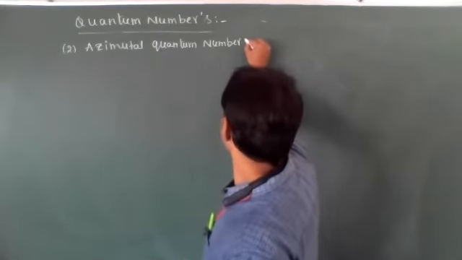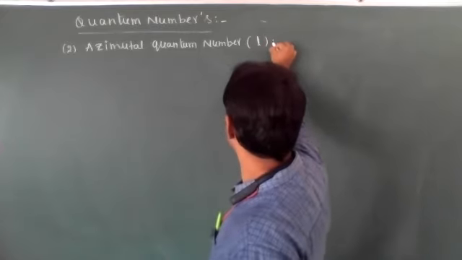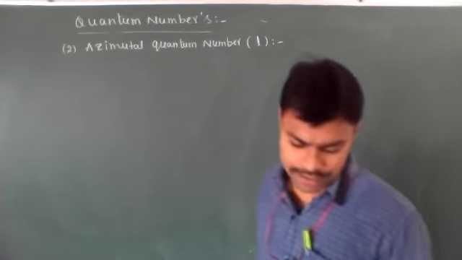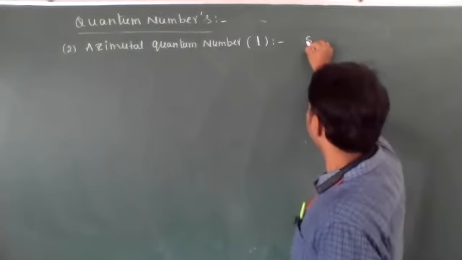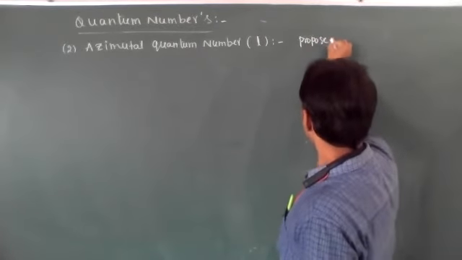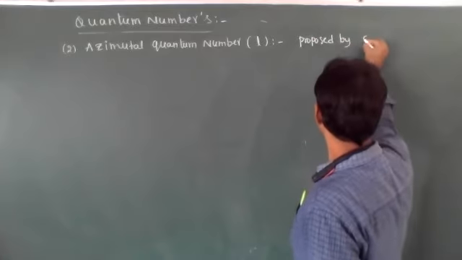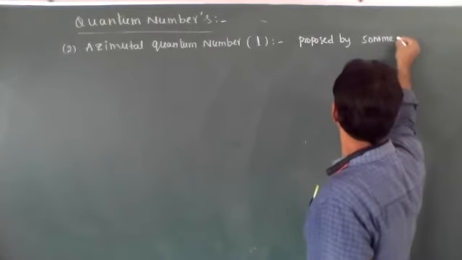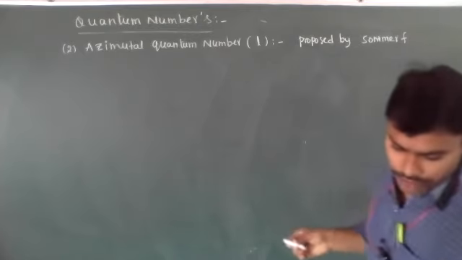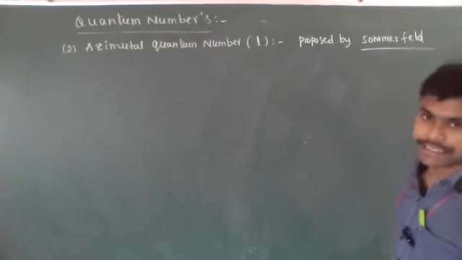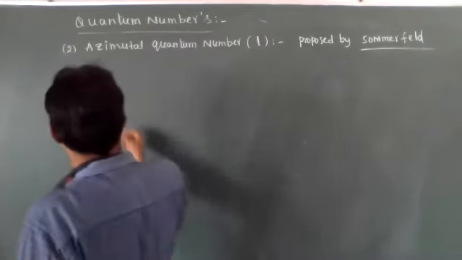Okay, let's see. It is represented or denoted by l. Who proposed this azimuthal quantum number? This azimuthal quantum number was proposed by Sommerfeld.